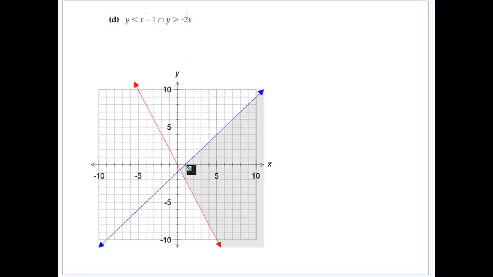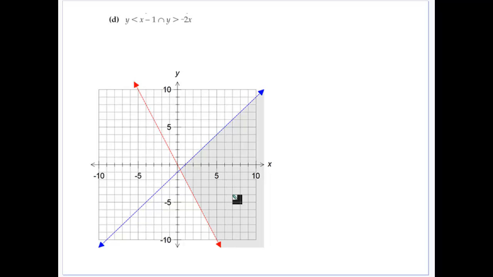If I test 1, 0, so when x is equal to 1, y is equal to 0, and we see that it would be in the range, because 0 would be greater than minus 2, so it does hold when we put it there. So everything on this side of the red line will be shaded. Where's it together? In that part.